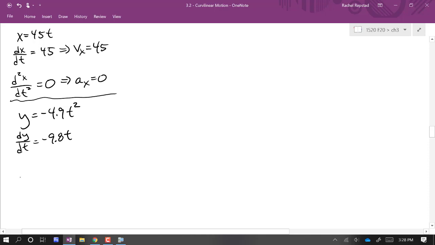And I know that the second derivative is constant at negative 9.8. So, looking at that second derivative, I know that if that's constant at negative 9.8, then the y component of acceleration is negative 9.8. The first derivative is negative 9.8 t.